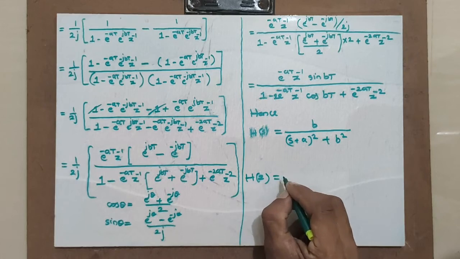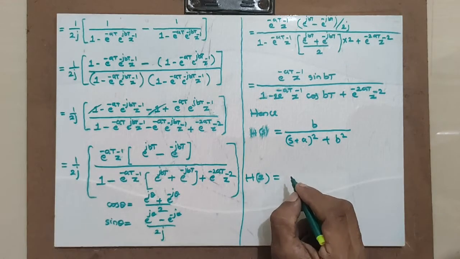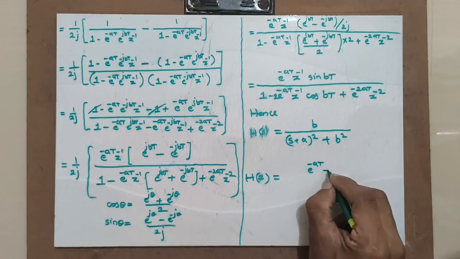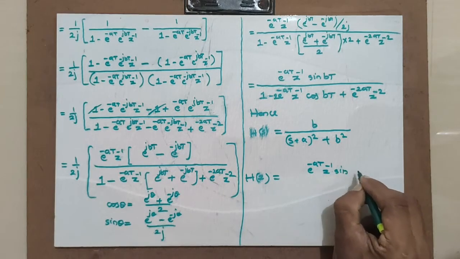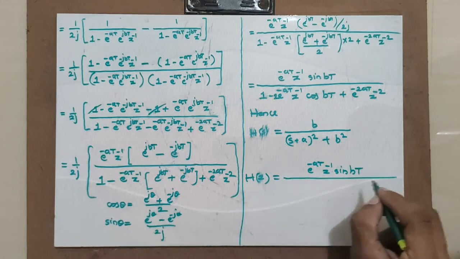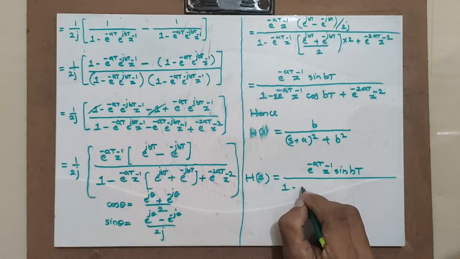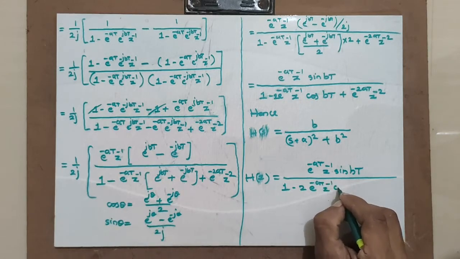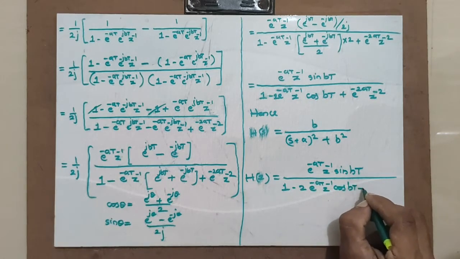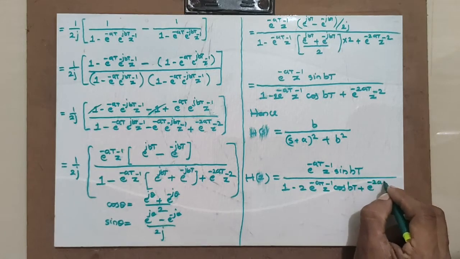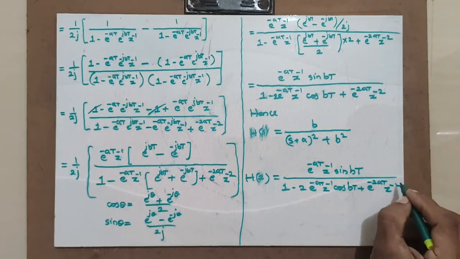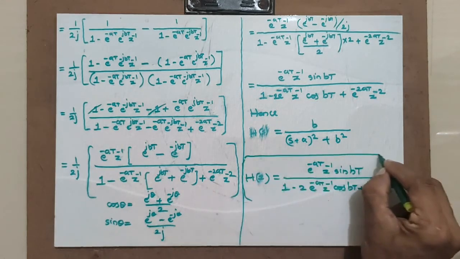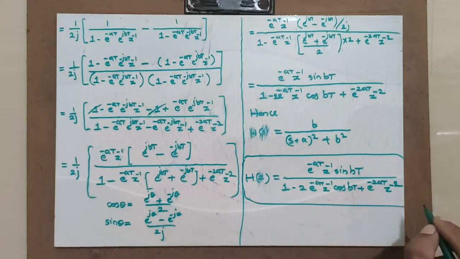Corresponding H of z, I can give it as e raised to minus at z raised to minus 1 sine bt, whole divided by 1 minus 2 e raised to minus at z raised to minus 1 cos bt plus e raised to minus 2at z raised to minus 2. That is the required proof. And I hope you understood what I have done.